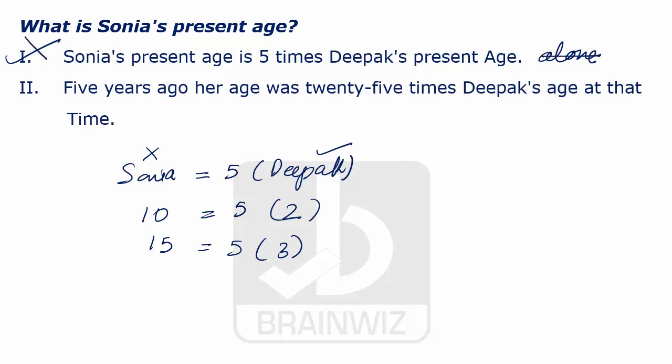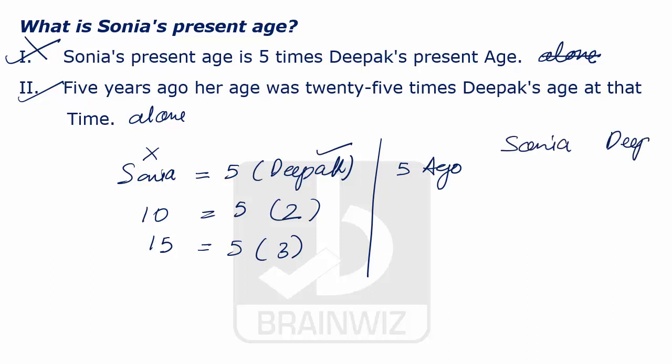Now, what do we do? Let's check statement 2 alone. In statement 2, it has been told that 5 years ago, the age of Sonia was 25 times the age of Deepak. Let's assume that Deepak was X at that point of time.